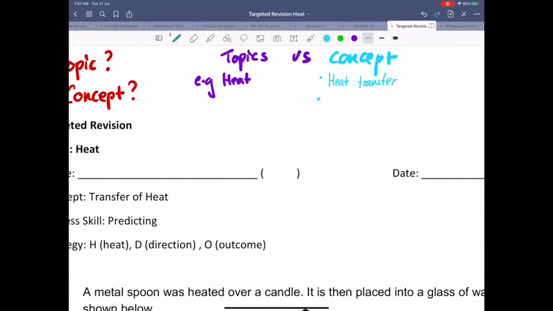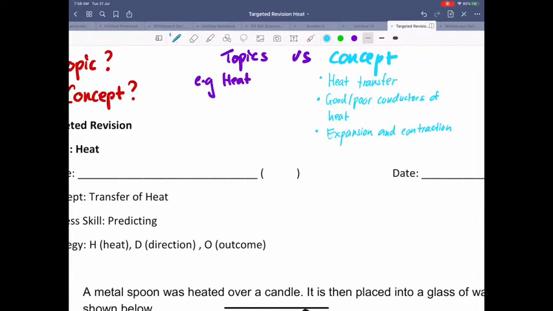We have also learned about good and poor conductors of heat. For example, metal is a good conductor of heat, plastic is a poor conductor of heat. We have also talked about expansion and contraction. So these are concepts, ideas related to the topic.